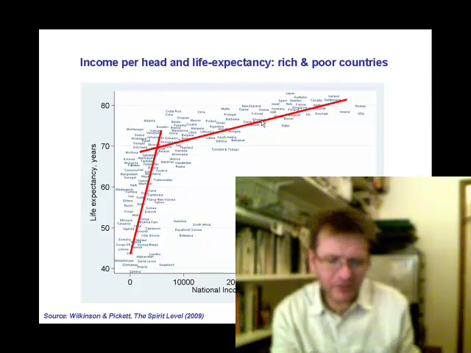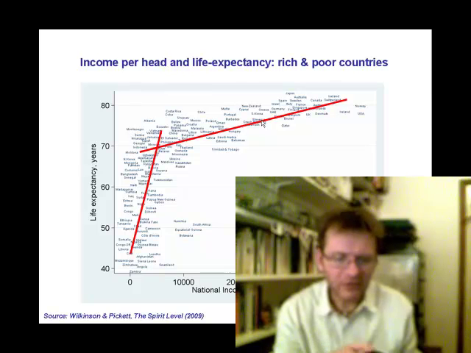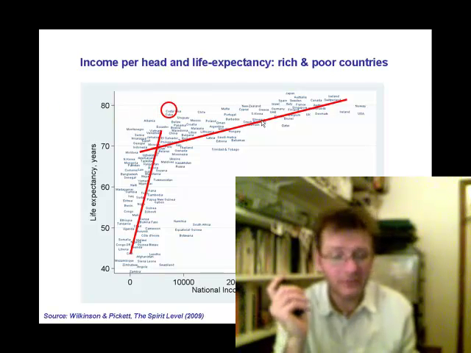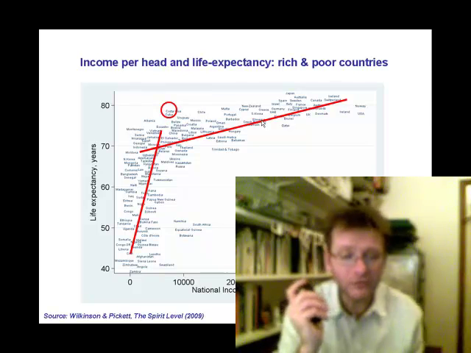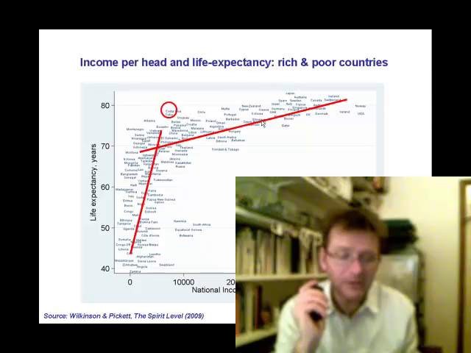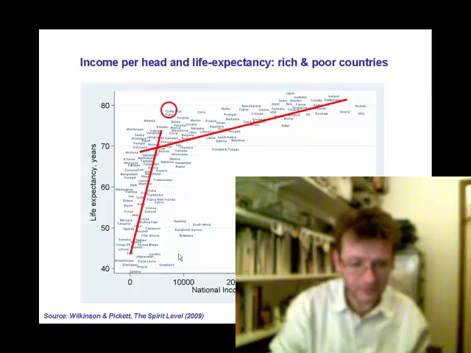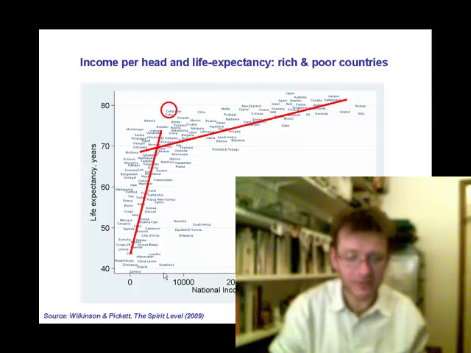In addition to this very simple shape, I hope some of you will have noticed that there are some countries that don't quite fit the pattern. For example, if we take Costa Rica or Cuba, we can see that despite having quite a low per capita income of around about 7,000 US dollars per person, their life expectancy is nearly 80.